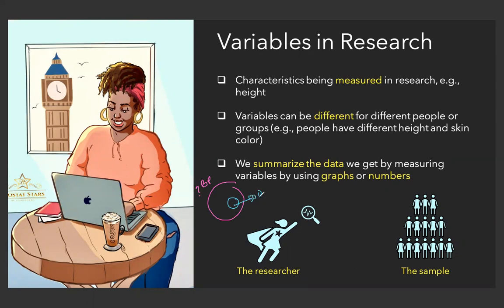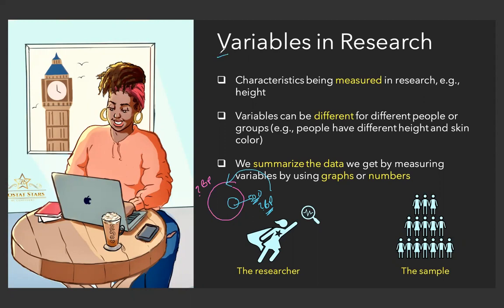In this sample of 500 people, I'm going to conduct research and find out the average blood pressure of these 500 people so that I can generalize my findings back to the population. So in these 500 people, I need to measure some characteristics which are unknown. Those unknown characteristics that I need to measure are called variables, right?